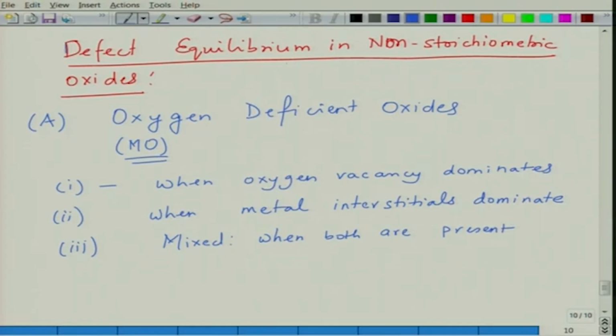Non-stoichiometric will mean you will have either MO1 minus delta, or you will have MO1 plus delta, or you can have M1 minus delta O, or you can have M1 plus delta O. These are the non-stoichiometric cases. So, these are the three cases that we will see. We first take the case of oxygen deficient oxides in the case of MO, and then the first case is when oxygen vacancy dominates, the second case is when metal interstitials dominate, and the third case is when both of them could be simultaneously present.